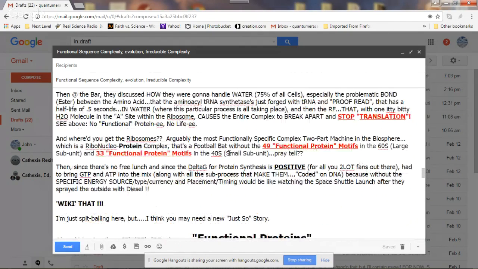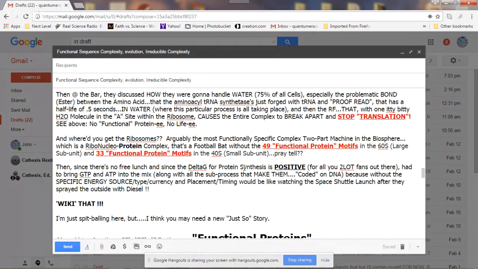Then at the bar, they discussed how they were going to handle water. That's 75% of all cells, especially the problematic ester bond between the amino acid and that of the amino-acyl tRNA synthetases just forged with transfer RNA, and proofread, that has a half-life of 0.5 seconds in water, where this particular process is all taking place, and then the RF that with one itty-bitty molecule of water in the A site within the ribosome causes the entire complex to break apart and stop translation.